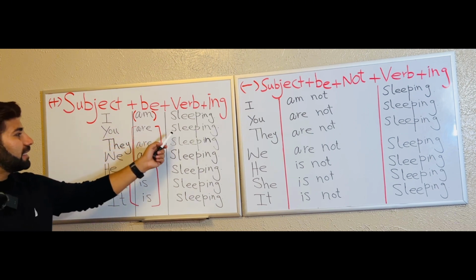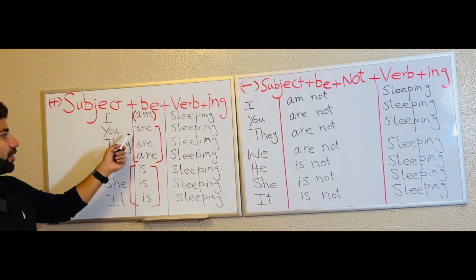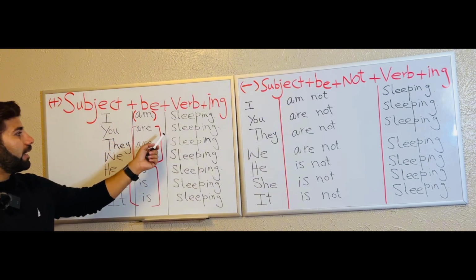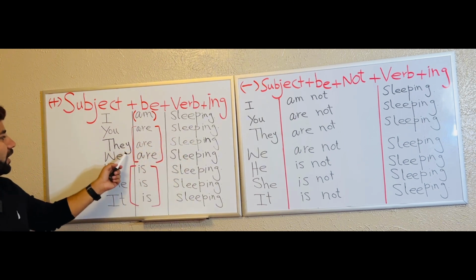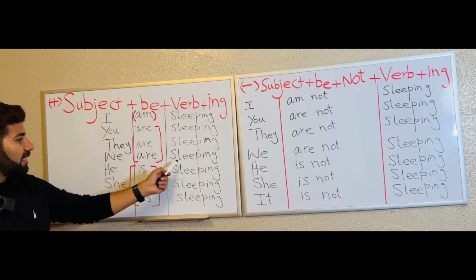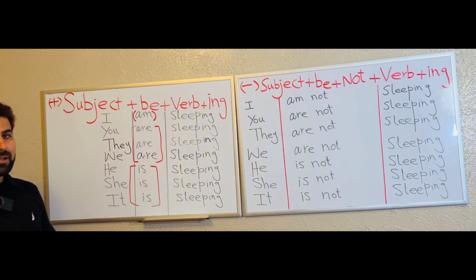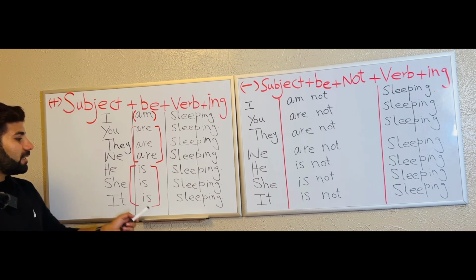You are sleeping. With subject you, we use are, and action verb and then ing. They are sleeping. We are sleeping. He is sleeping. She is sleeping. It is sleeping.